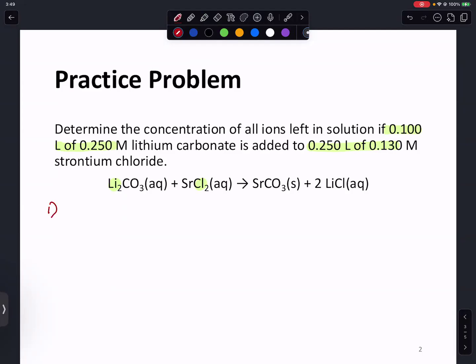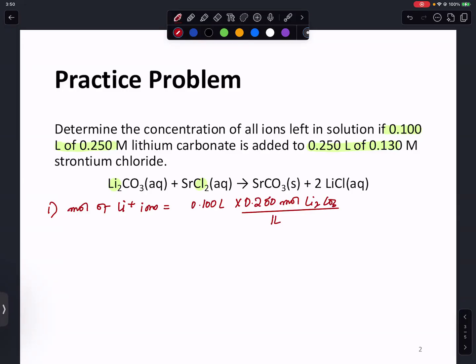Okay, so starting with molarity, I can first start with calculating the moles of lithium ions, which should be 0.100 liters times 0.250 molar, or moles of lithium carbonate over 1 liter.